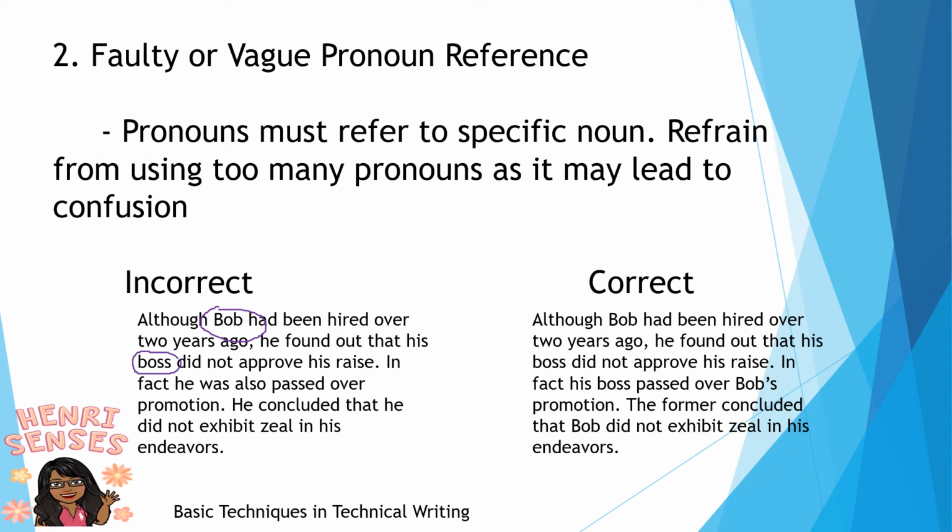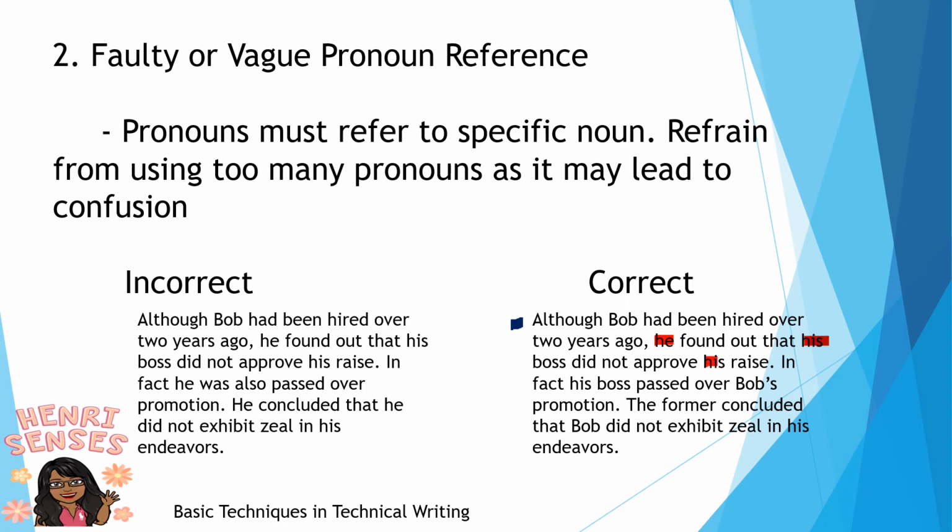Now, let's try looking at the revised paragraph. Let me just erase this one for you. Let's read here. Although Bob had been hired over 2 years ago, he found out that his boss did not approve his raise.